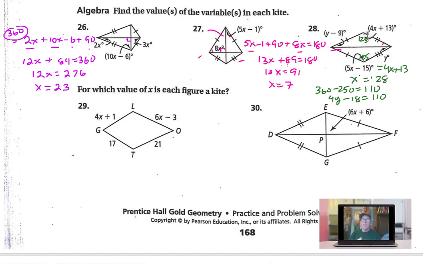We found out that once we knew that these are 125, what's left over is 110. These two angles need to make 110. Okay, we're going to add 18 to both sides. 4 y's is 138. Divide by 4. Y is going to be 30, which makes 120.